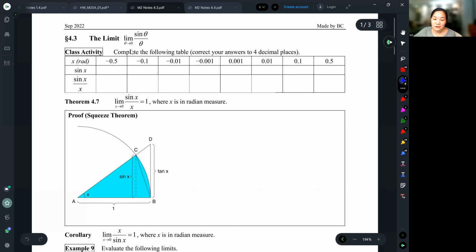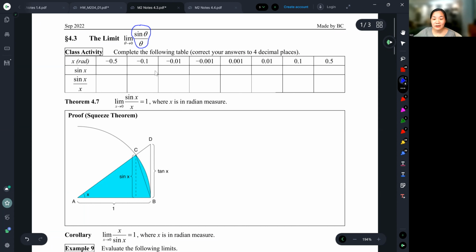Now, here we want to find out the limit of sine theta divided by theta. Now, this function is not entirely trigonometric, nor entirely rational, right? It has a fraction, but also the numerator is trigonometry. So it's like a mix of the two.